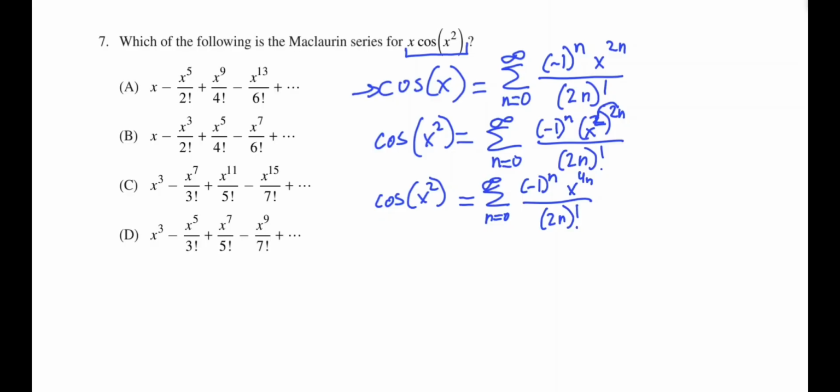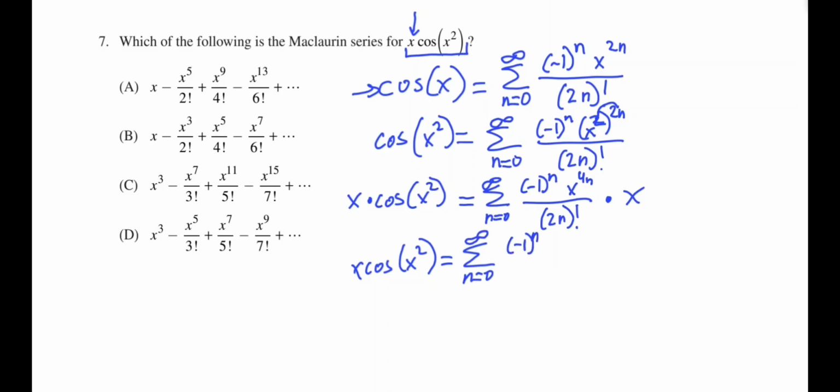All right, so we're almost matched with the function that we're looking for the Maclaurin series for. What's missing is this x. So now to get that, let's multiply both of our sides by x. And that gives us x cosine of x squared would be sigma from n is equal to 0 to infinity of -1 to the power of n.